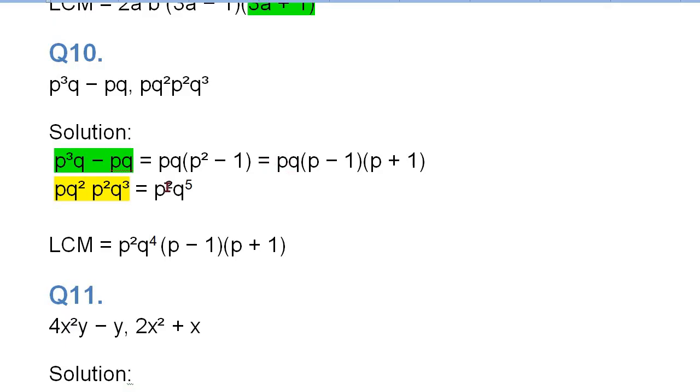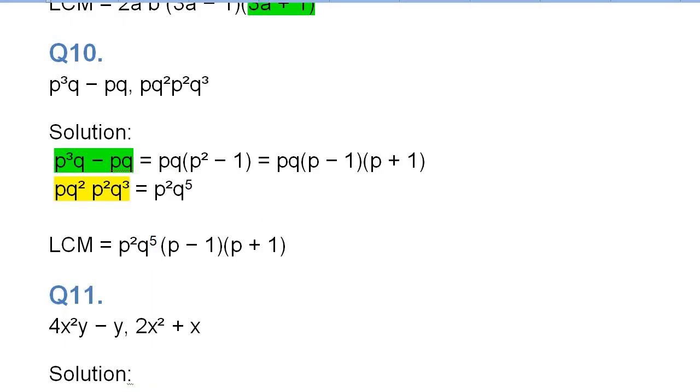Pq is common only one time, but we have remaining p here. One pq is gone, the other p remains, and q is common, and then you will have power 5 for q. So this is your LCM.